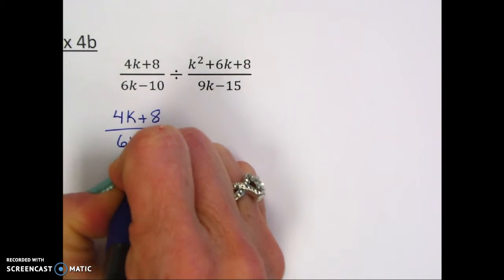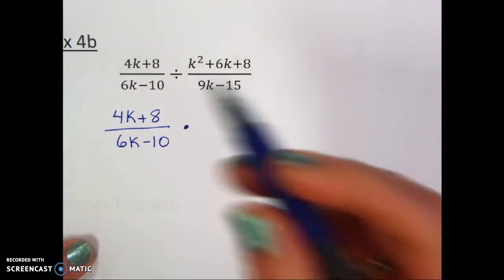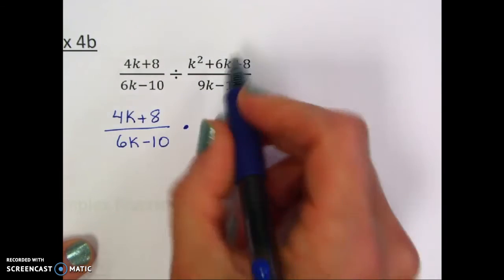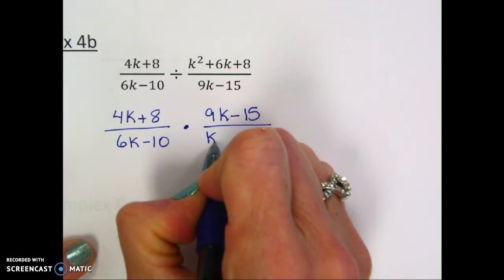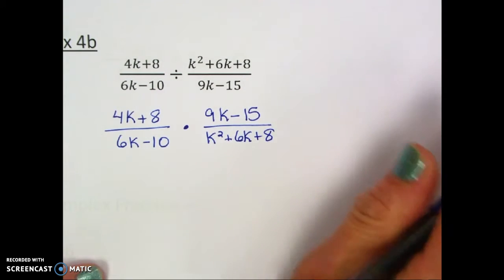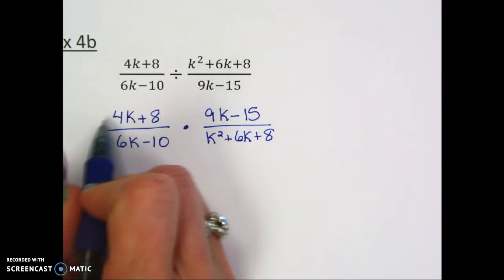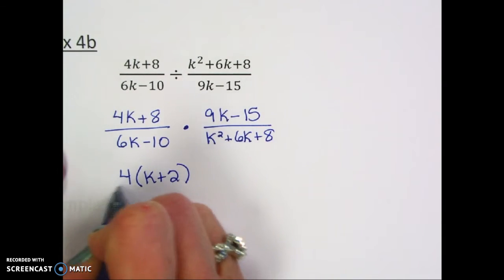So I just rewrite the problem. Usually when I'm writing this down from a book or from the computer, I simply rewrite it as I'm putting it down. I wouldn't write the original problem. I would just flip this around right away. And then from there, I would try to figure out what it factors to and do my canceling. So this first problem, the 4 will factor out and we'll have a k plus 2 left.